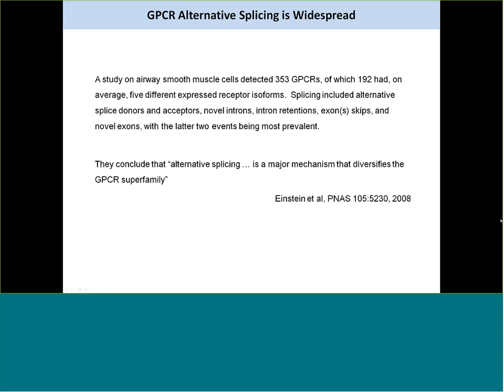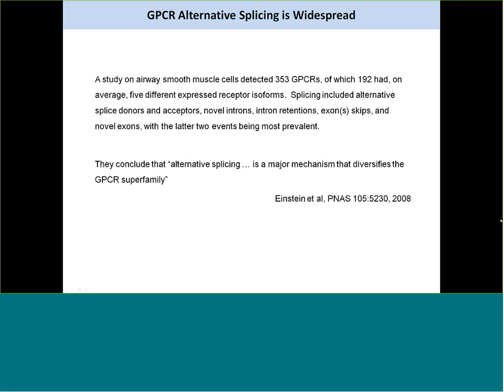Of those, approximately 192 had evidence of alternatively spliced isoforms, with each having an average of 5 different forms that were made. Thus, as you can see, the incidence of alternative splicing within the GPCR family is actually quite extensive, and this has to be taken into consideration when developing new drugs and trying to understand GPCR function.